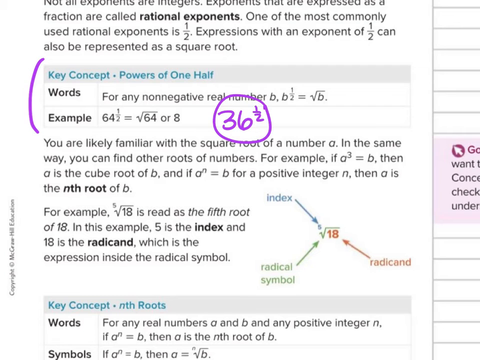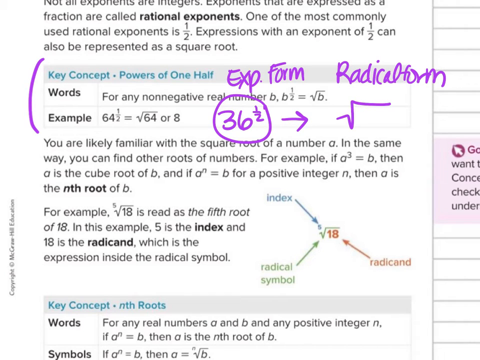Usually we're used to seeing those as a regular number, not a fraction. But if I want to write it, that's exponential form. If I want to write it in what's called radical form, that's changing it into the square root symbol, okay?